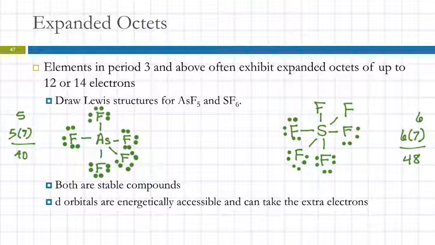You can count. These are stable compounds. So here we've got sulfur, 6 fluorines, the correct number of valence electrons, and 0 formal charges. The only thing wrong with this is that the sulfur has 12 electrons around it instead of 8.